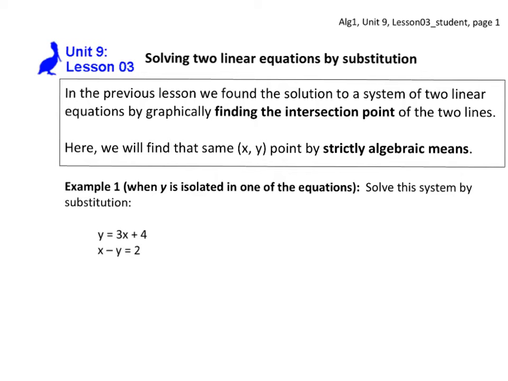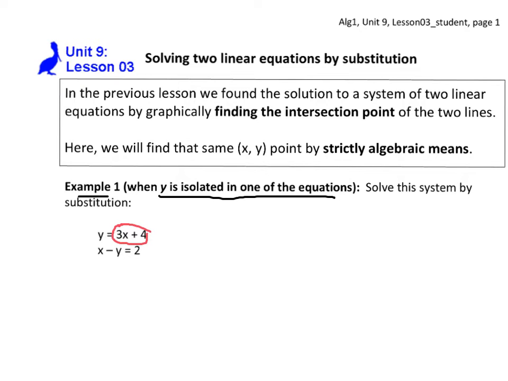Okay, so write down this equation in example 1. When y is isolated in one of the equations, then we're going to solve this system by substitution. So here we have y equals 3x plus 4, and then we have x minus y equals 2. We're going to substitute when y is isolated, so y equals 3x plus 4.